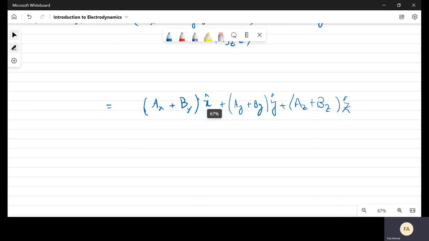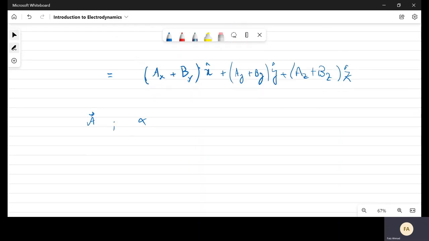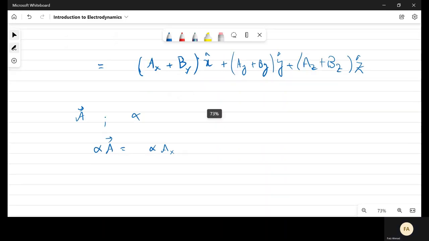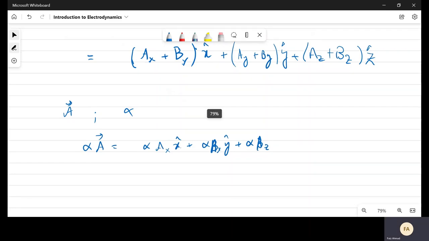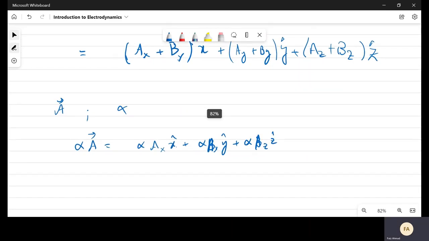If we have a vector A and some alpha which is a scalar, then alpha A will become simply alpha ax times x unit vector plus alpha ay times y plus alpha az times z unit vector.